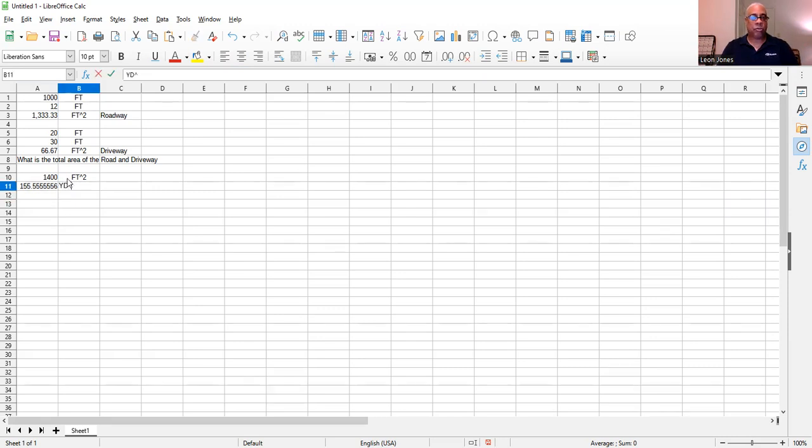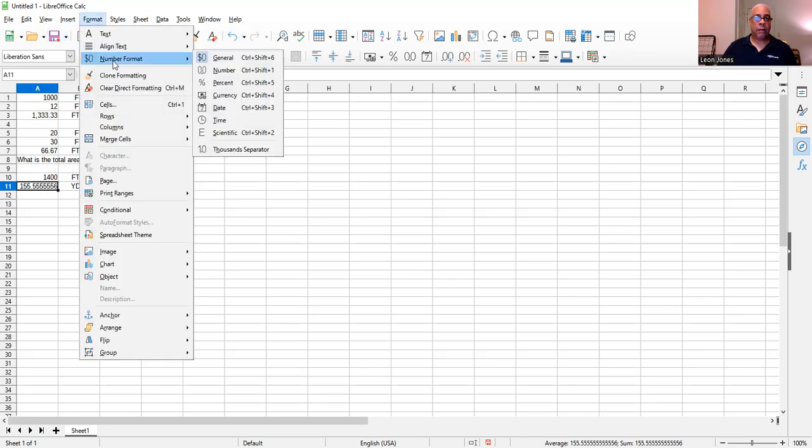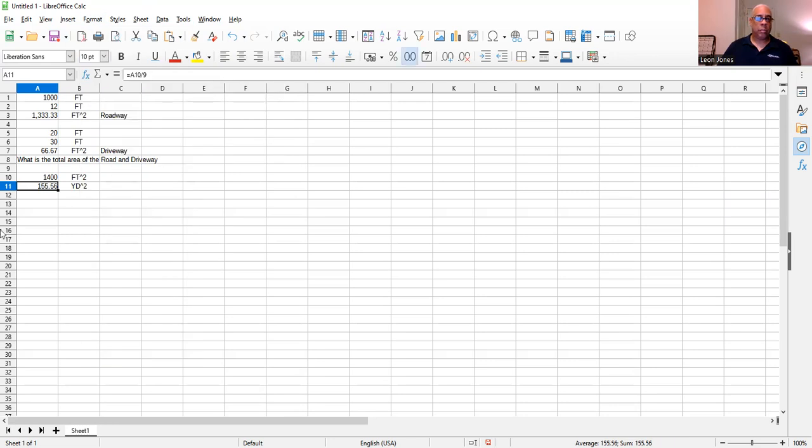And that's going to give me my square yards. Now I'm going to format it, clean it up a little bit. There you go. Square yards. What I did, I added up both areas to get the total area.